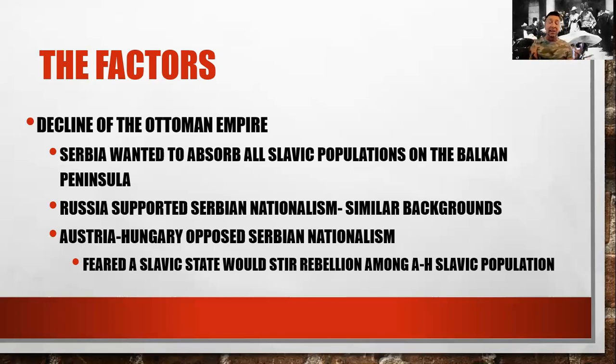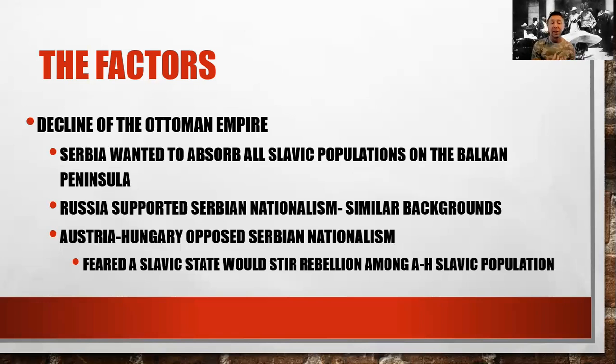Austria-Hungary is made up of a diverse group of people, from Slavic people to German-speaking people to Polish and whatnot. So you have a lot of different groups within Austria-Hungary, and the royal family fears that if there is a large Slavic state made up by Serbia and others, it could cause problems within their own empire.